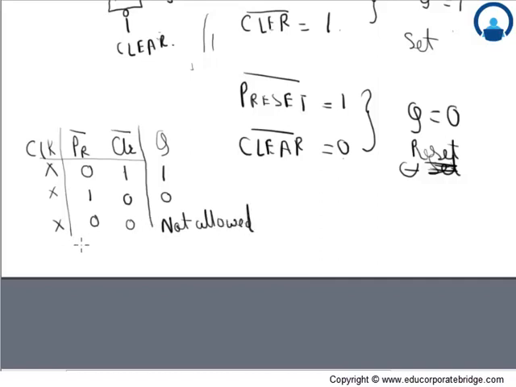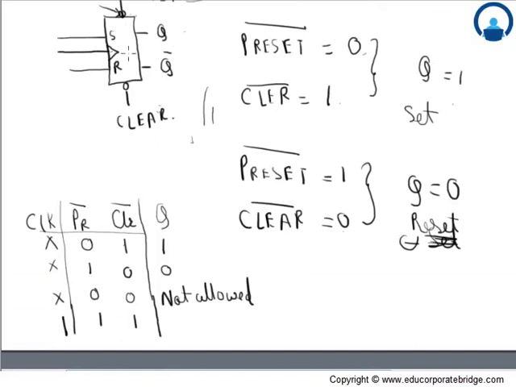Now when we have 1 1, preset bar and clear bar are not selected at the same time, and this operation will be allowed, but in this case we have to give the clock.